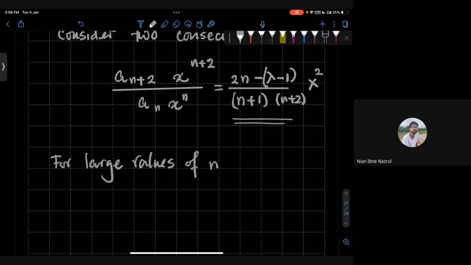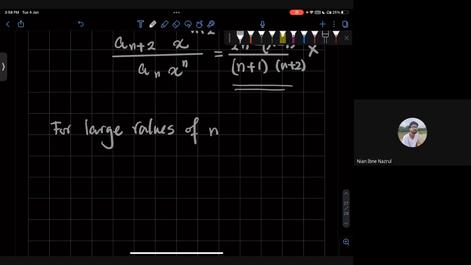And the numerator becomes 2n, right? So for large values of n, we see that the ratio goes over to, say, 2x squared over n. Okay, do you agree?